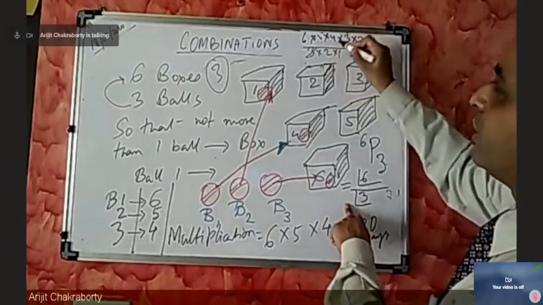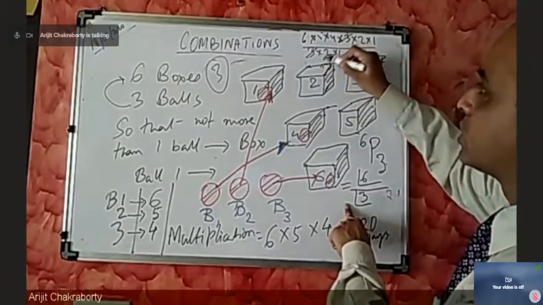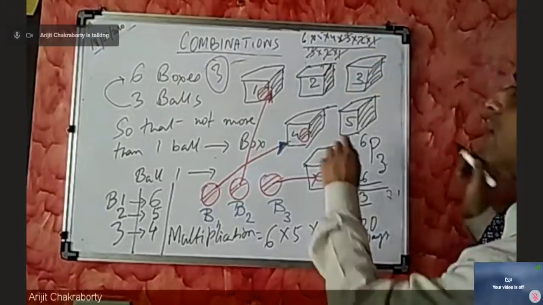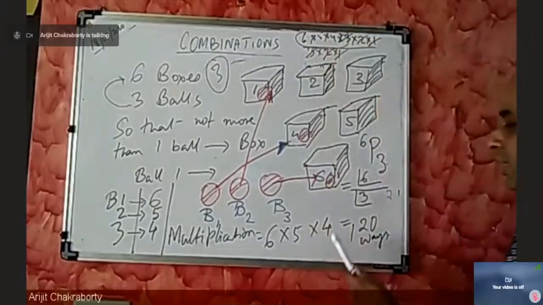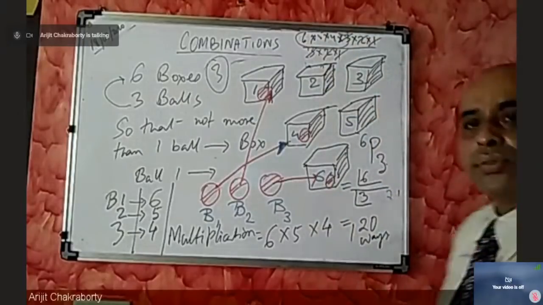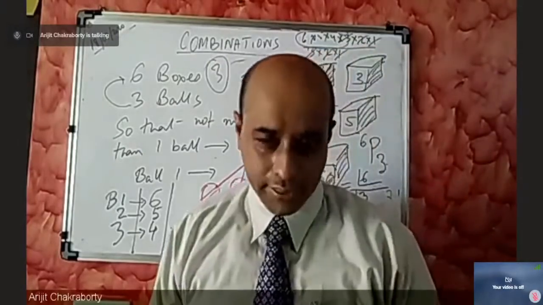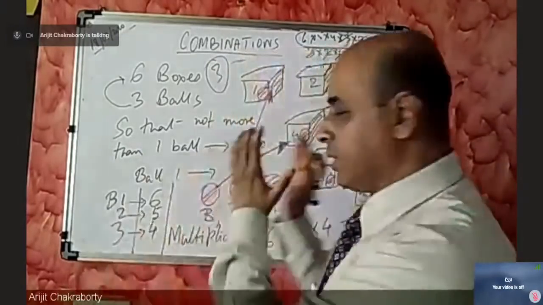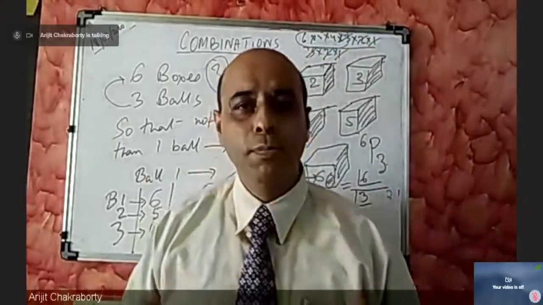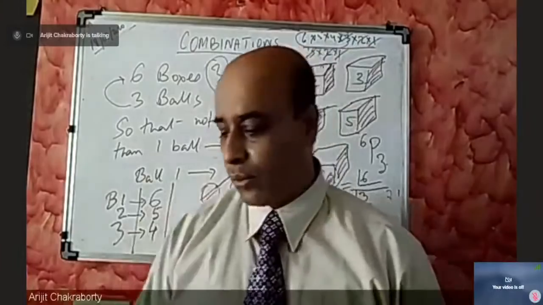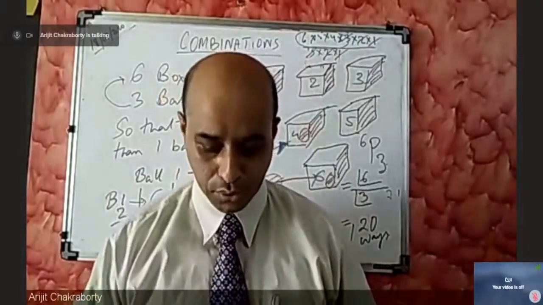So 3 and 3 cancel out, 2 and 2 cancel out, 1 and 1 cancel out. We are left with 6 into 5 into 4. That gives us again 6 into 5 into 4, that is 120. Right? I hope you will remember this example, and from this I hope you are now absolutely clear with the multiplication rule and the addition rule.